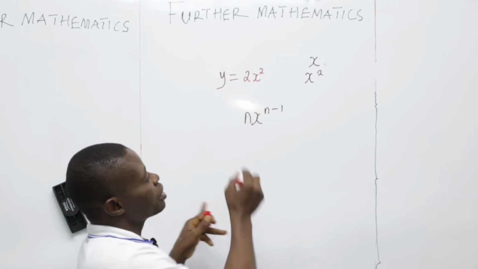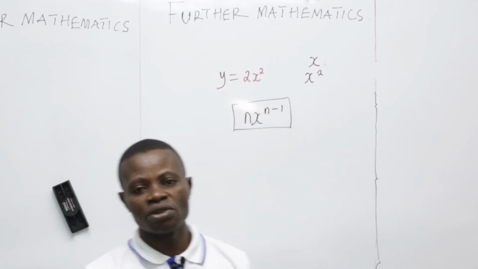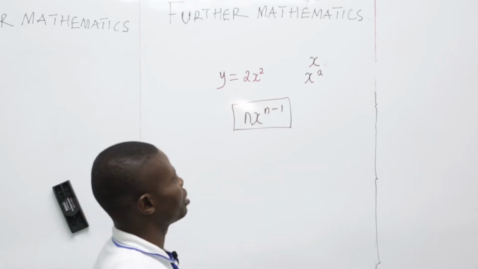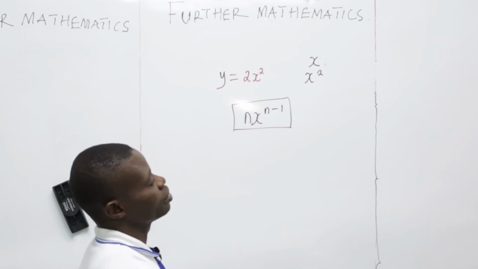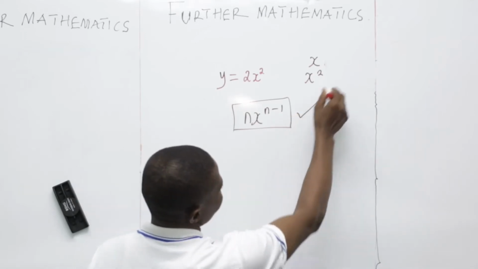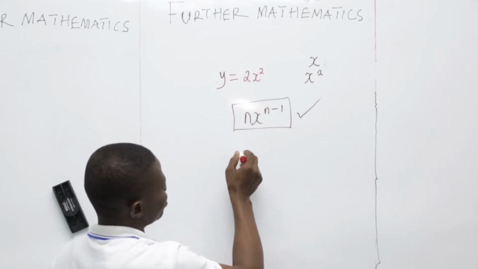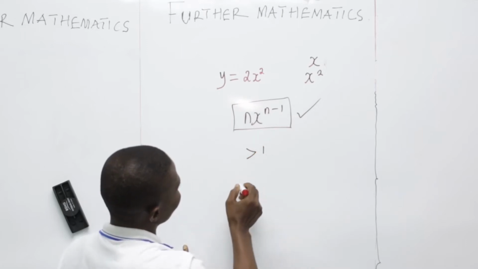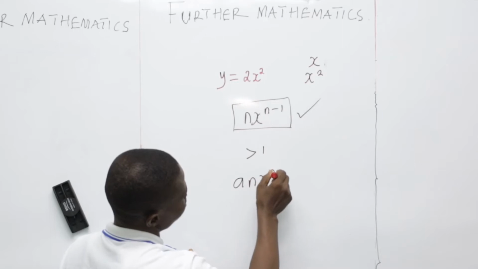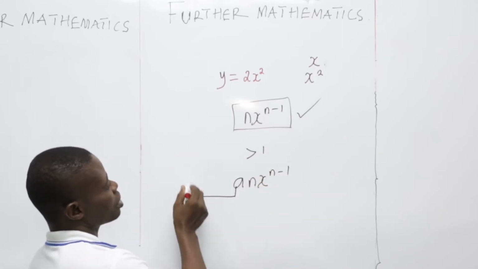What determines this particular general formula is the coefficient of x. When the coefficient of x is greater than 1, you can't use this directly. But when the coefficient of x is not greater than 1, you use this. When the coefficient of x is greater than 1, you are using a n x^(n-1), where a is the constant.